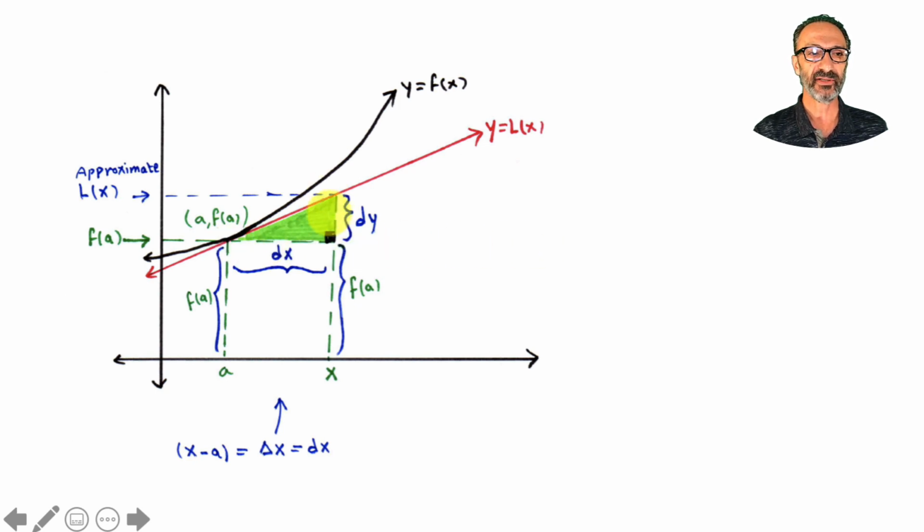Now, looking at this right triangle that I highlighted for you in green, because I want you to focus on the green part right here mainly. This is delta x, and this is not delta y. But this line has a slope.